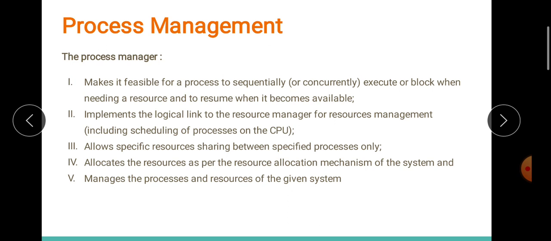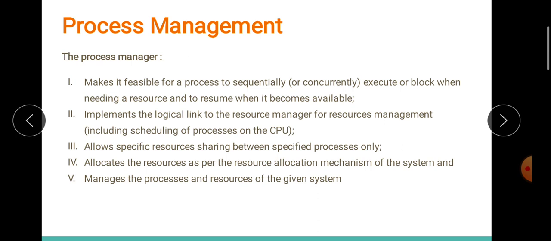So, the process manager assures that there is sequential execution of a process or blocking of a process when it needs a resource, and it ensures that once it gets a resource, its operation is resumed. So simply, the final operation of a process is controlled by the process manager. When a process will execute, when it gets a resource, and if it gets a resource, it is in execution. So all these things are ensured by the process manager.